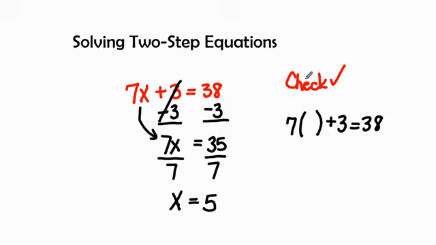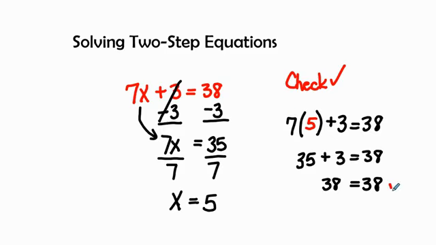When I plug in the 5, I see that 7 times 5 is 35, plus 3 equals 38. 35 plus 3, 38 equals 38. Therefore, I know that my equation is correct.